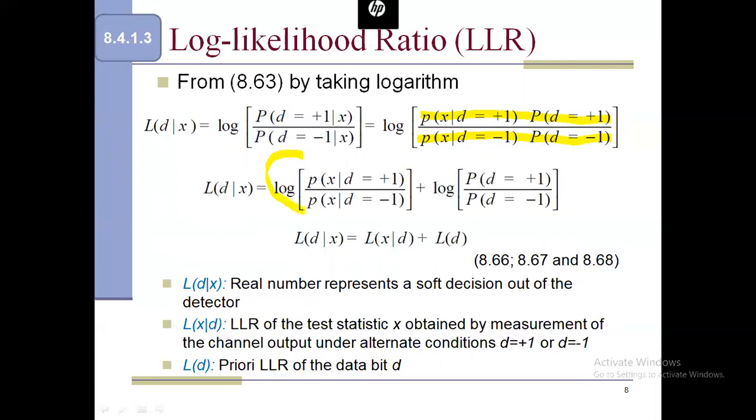One is the channel stats, and the other is the data stats, or the priori probability of these two functions.